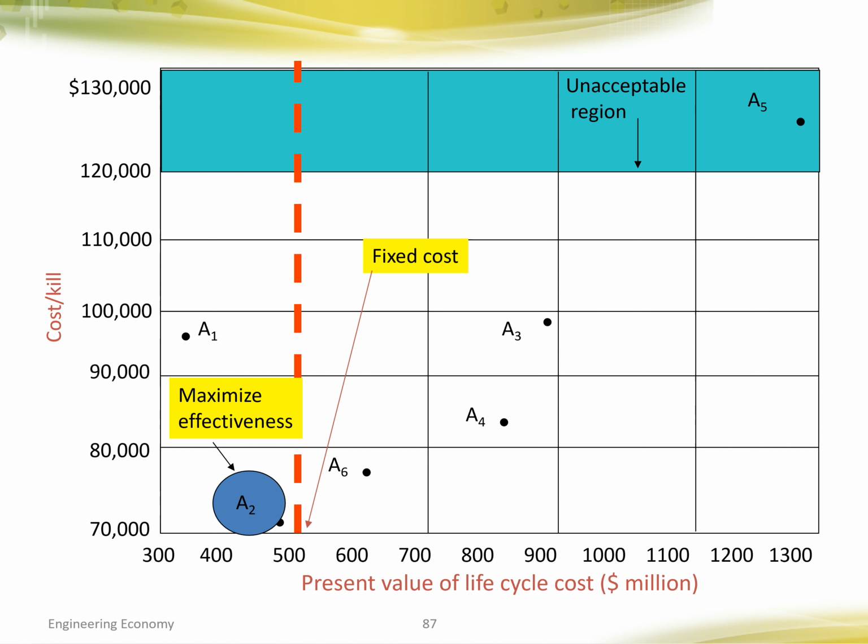If you compare them, you can see that the cost per kill for A2 is a lot smaller than the cost per kill for A1. So in the end, we'll choose A2 as our final decision.